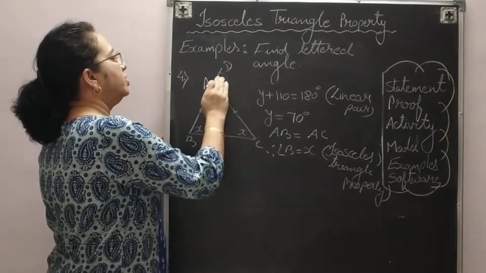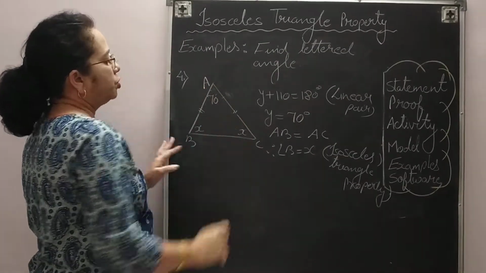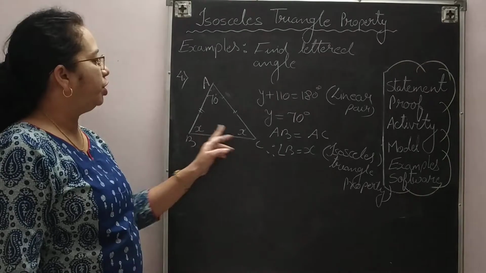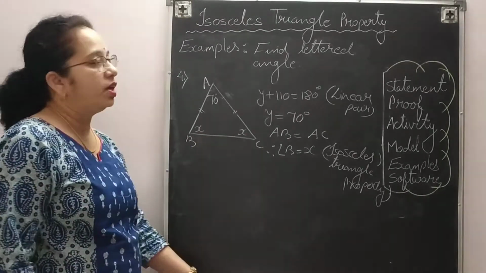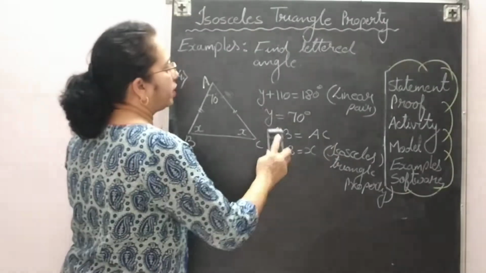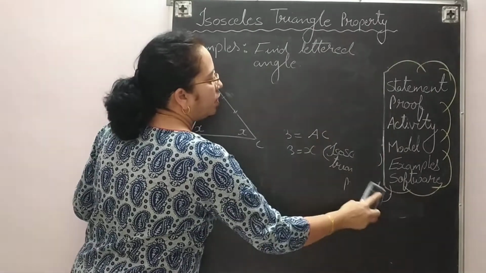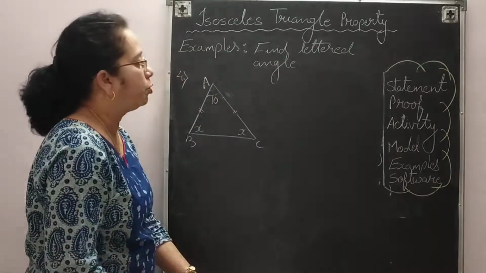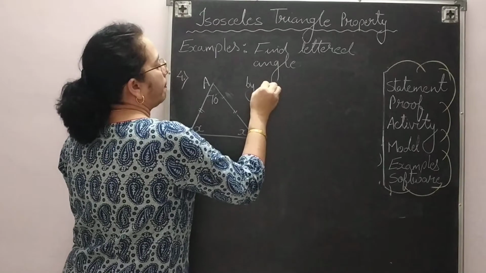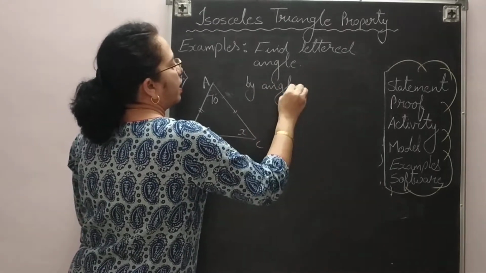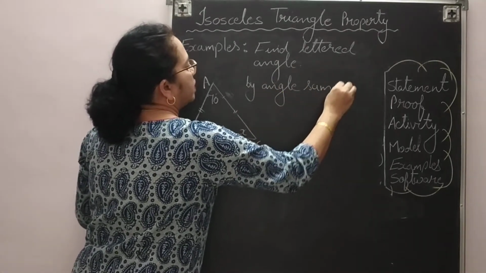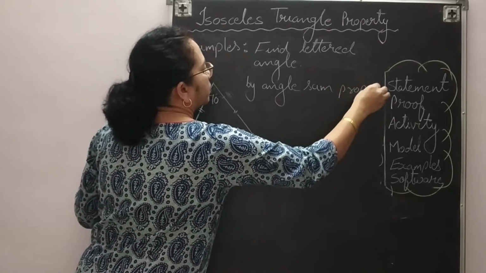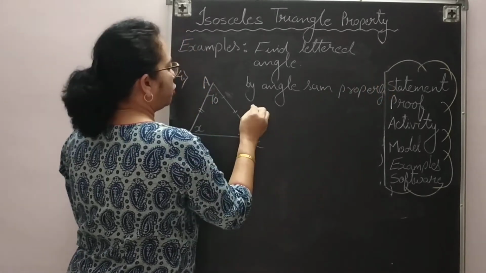So just look at this part now. The question is related with the triangle. You need to find out x. So here we can use angle sum property. So third step we will use by angle sum property. What is angle sum property?